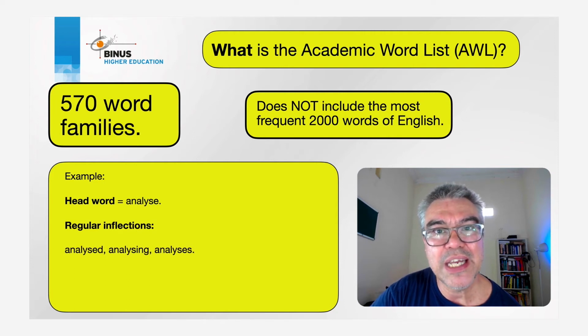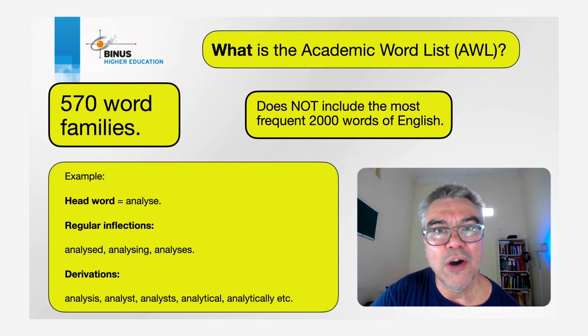So the head word here is analyze. From analyze, we have what's called regular inflections, and this is where you add ed to the word for past simple, or an s, or the ing form. So analysed, analyses, analysing. Of course, we have more words because of those inflections.